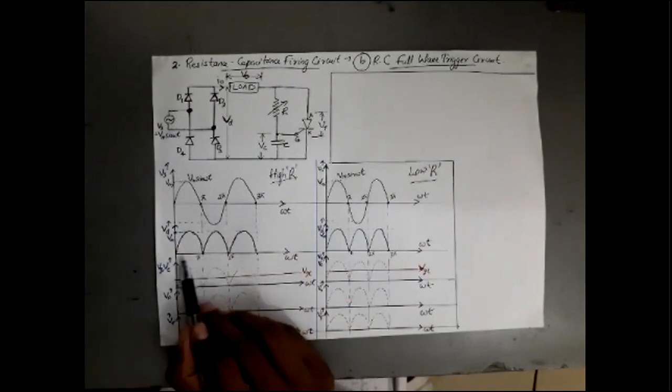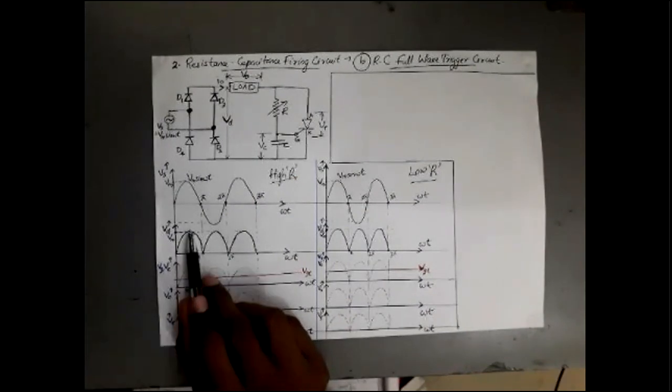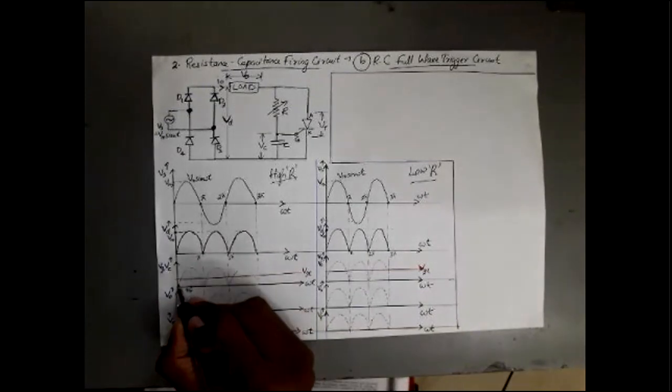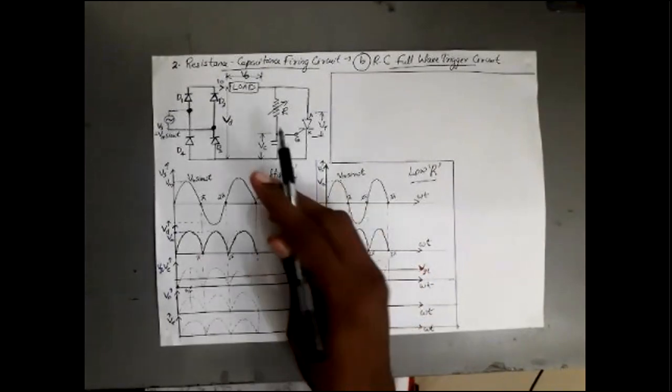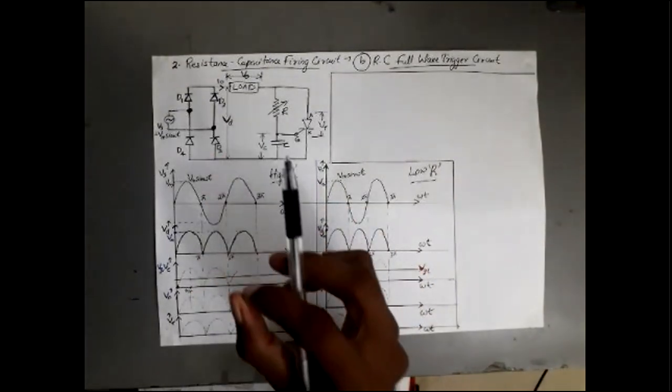During this condition, at omega t equal to 0, my capacitor was initially not charged, and this voltage will be used to charge my capacitor. Since a capacitor opposes a sudden change in voltage, it charges slowly. Due to the high value of resistance, the current flowing will be very low.